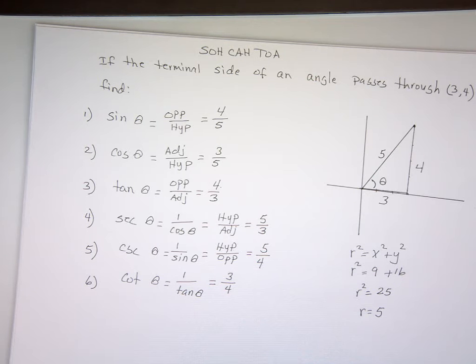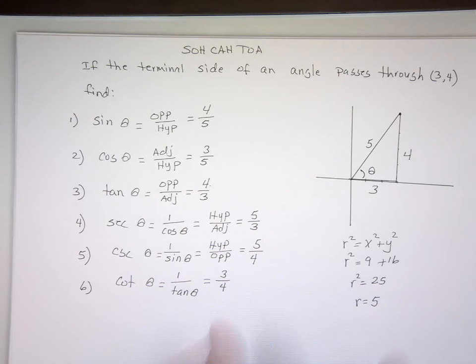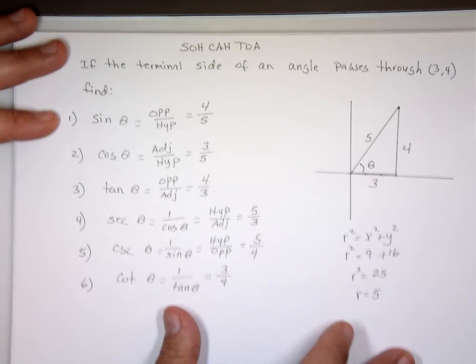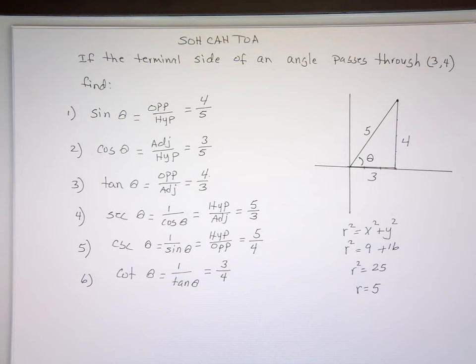Let me try one more question, then we'll call it quits. I just want to make sure you get this part. That's really the biggest piece of the trig. If you understand this, as we advance, it will make sense.